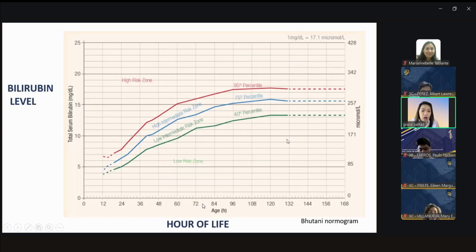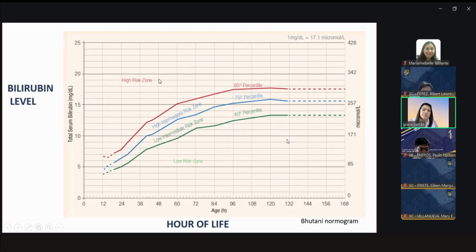So this is your hours of life. In our patient, the 12th hour of life, if she had a bilirubin level of 10, the patient is already in the high risk group. But if you have a 60-hour-old patient and you had a bilirubin of 10, it is just here in the low risk. Okay, so there is no problem here.